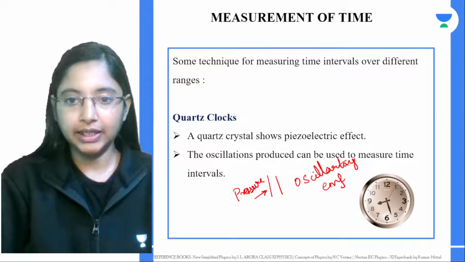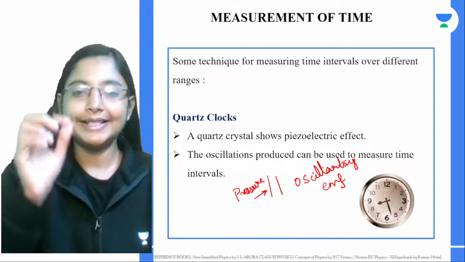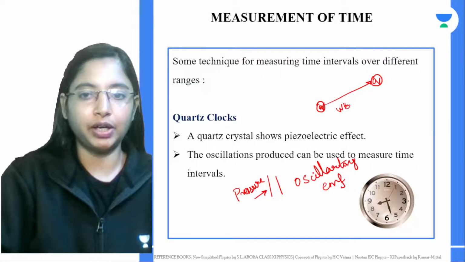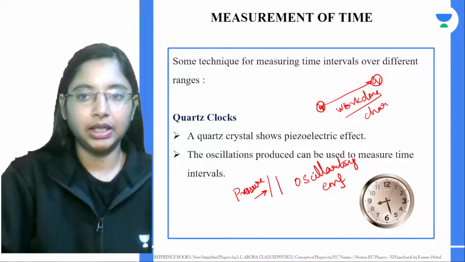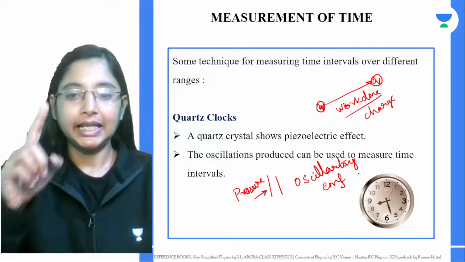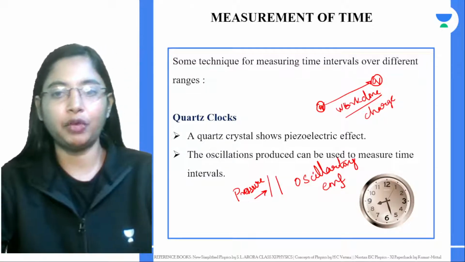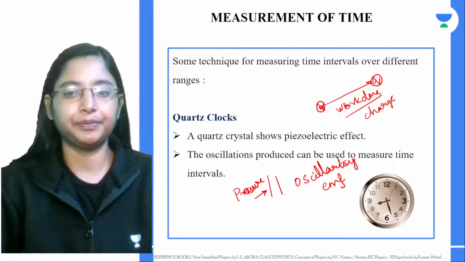Oscillatory EMF means, what is the work done in moving a charge? Let's say this charge is a positive or negative charge, moving from one place to another. That is basically your EMF: work done in moving a charge from one place to another. So work done per charge gives you your EMF. EMF is nothing but a potential difference. If your charge is moving from one point to another, then there is current.